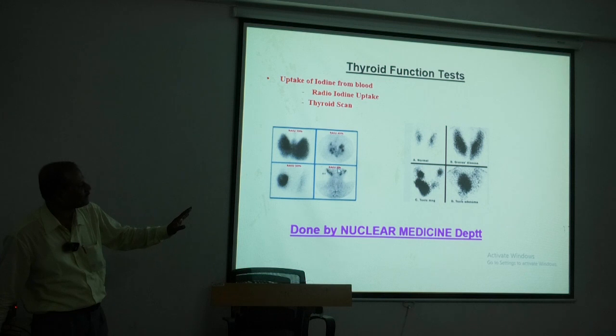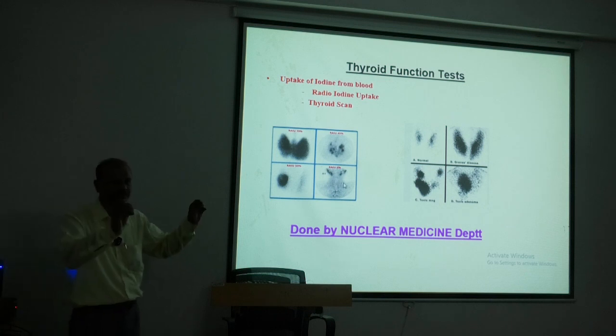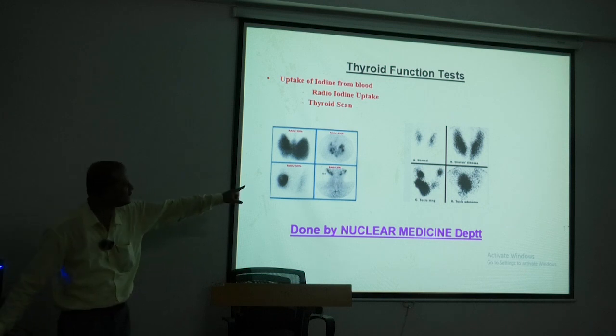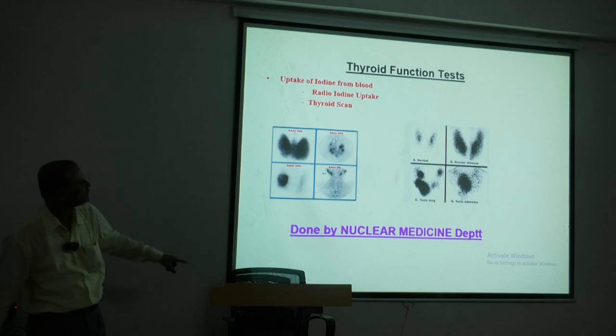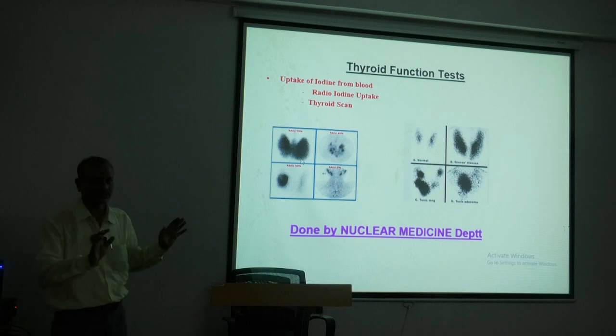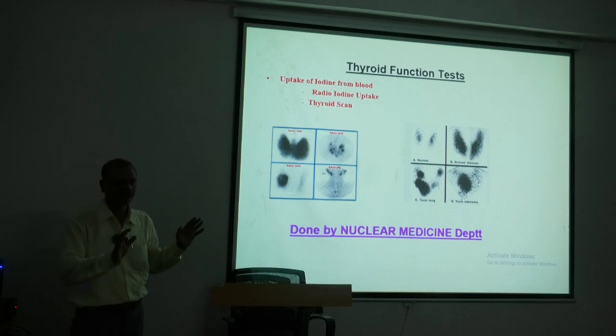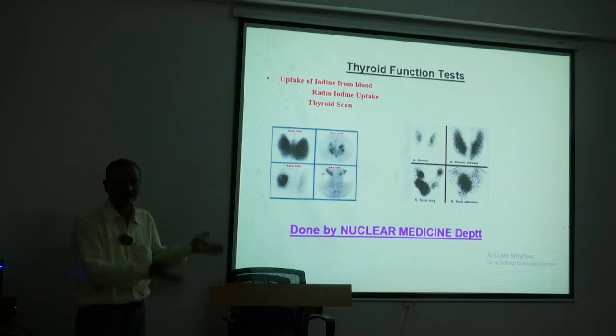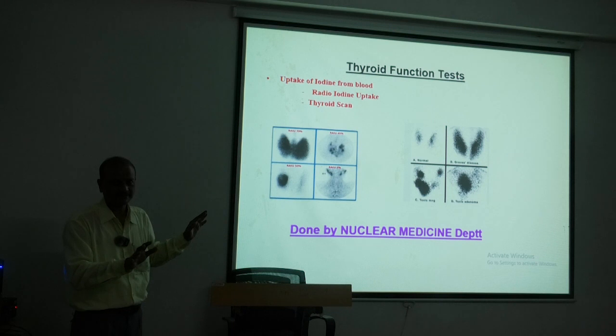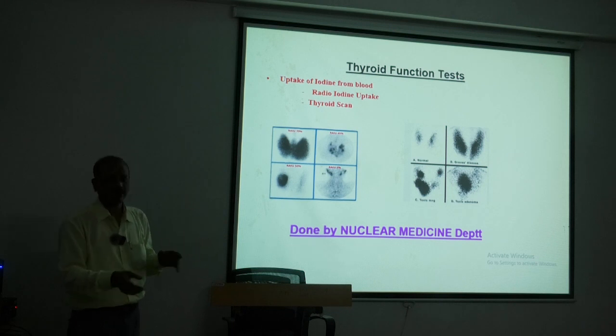Again, suppose the radioactive iodine given is 100%, how much is taken up is calculated; you can see this is 2%, this is 50%, this is 45%, this is 70%. One must be able to interpret this, what is normal, what is hyper, and what is hypo. That's real-time functional status testing. Ours is also some kind of real-time testing, but it is not of that magnitude.